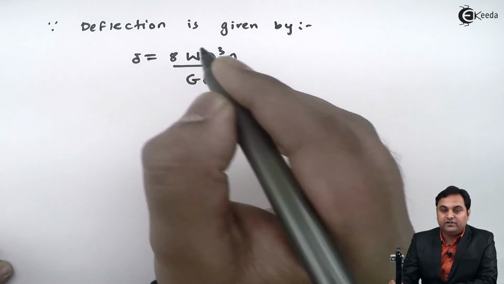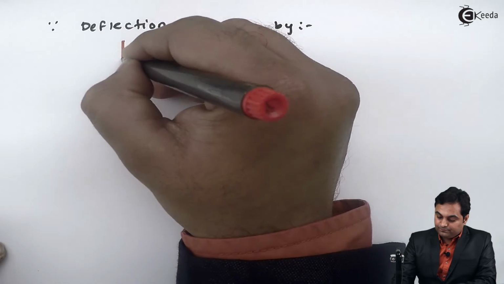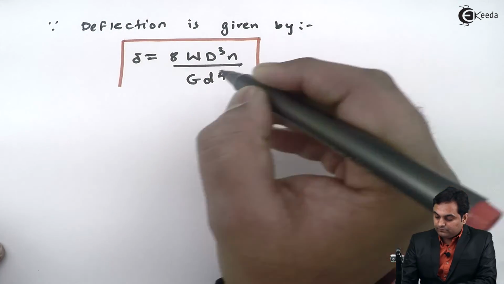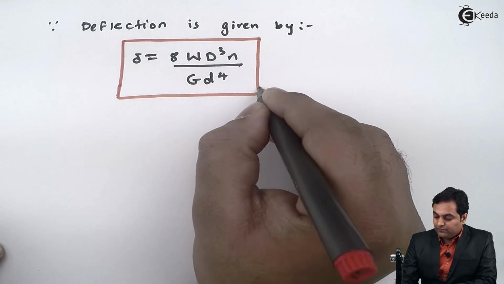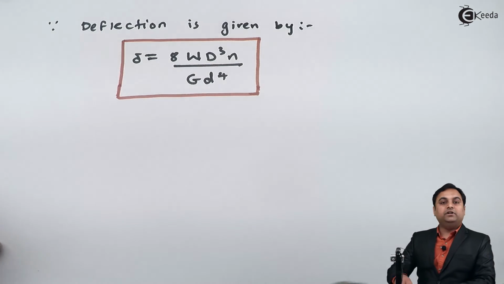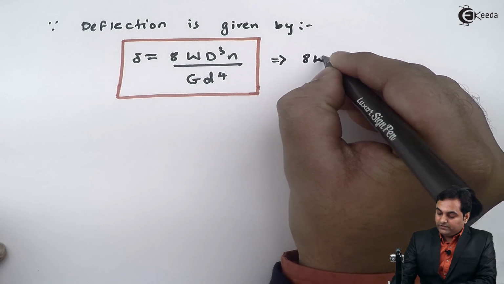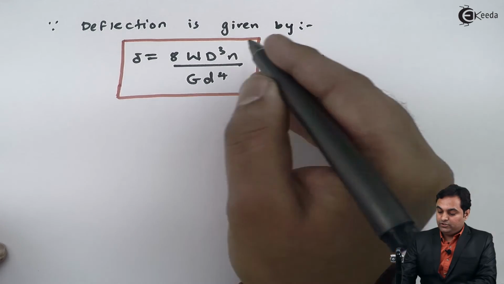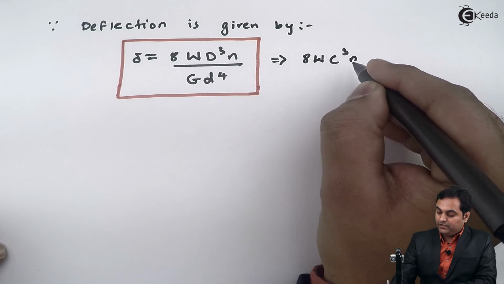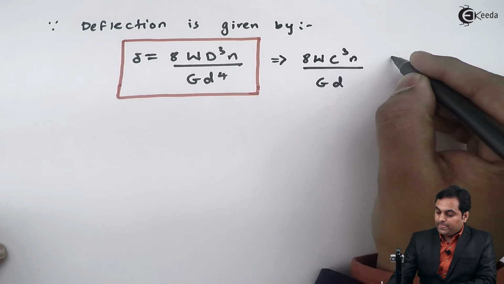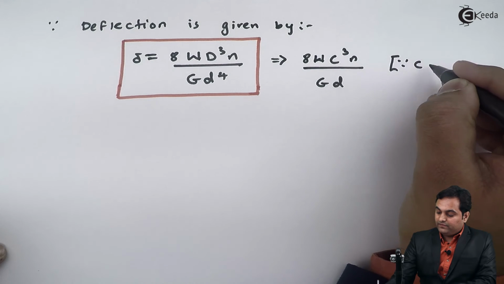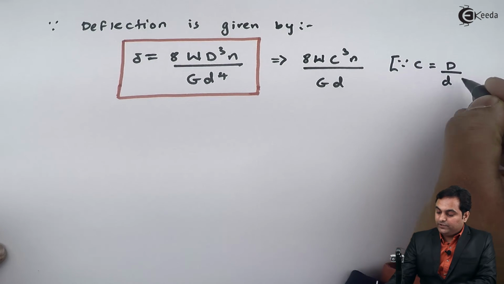This is the formula of deflection. Here in this formula, either we can put the value of capital D or small d, or we can change this formula in such a way that capital D by small d is C. So that would be C cube N upon G d. Here I can say, since C is equal to capital D by small d.